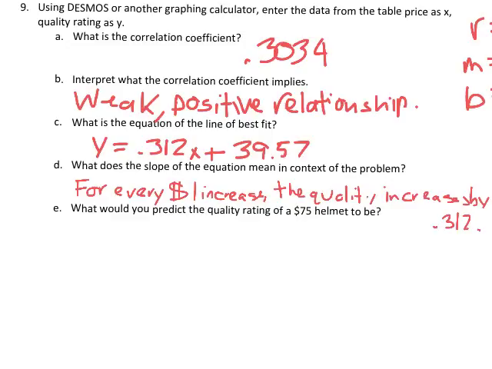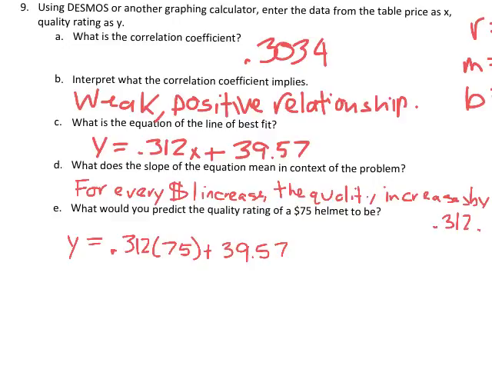Okay, and then it says, what would you predict the quality rating for a $75 helmet to be? Okay, so I would want Y, my cost, equals, oh yeah, X is my input, right? So Y, my quality rating, equals 0.312 times the money value that I'm plugging in of 75 plus 39.57. Okay, let's go ahead and do that.